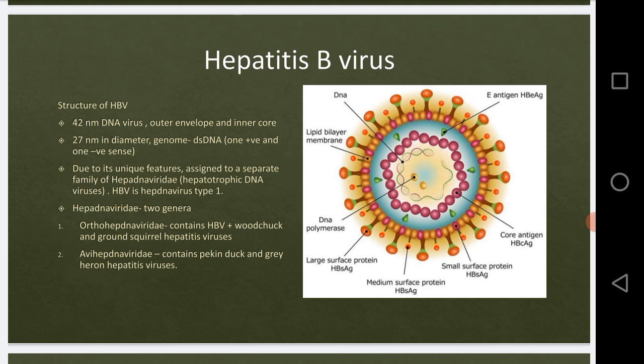These are the surface antigens and are therefore named HBs antigen. The surface is a lipid membrane, the outer envelope, and the proteins and antigens present on it are called the envelope antigens. This is about the structure of the virus and its genomic properties.